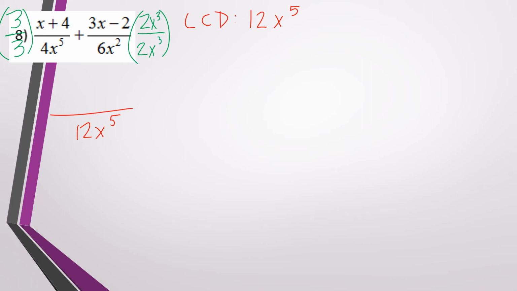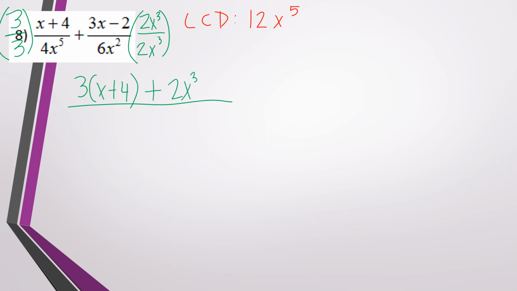Now on top, this is the trickier part. You need to make sure that you distribute. So 3 times x plus 4 plus 2x to the 3rd times 3x minus 2. Now you can do this all in one step and skip the step that I'm doing right now if you want, but I would suggest writing it down for at least the notes portion here so that you understand where I got my answers.